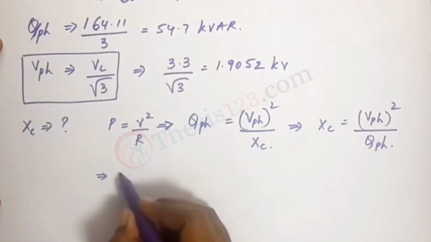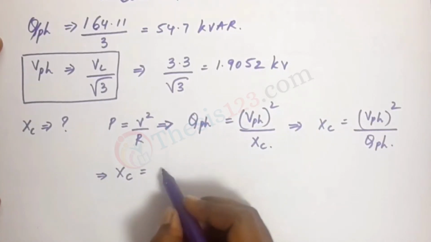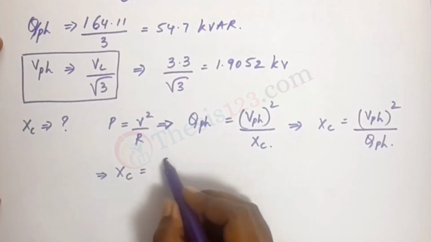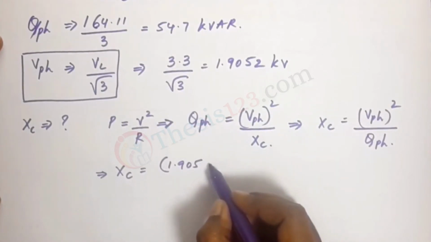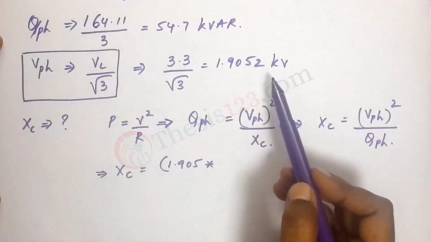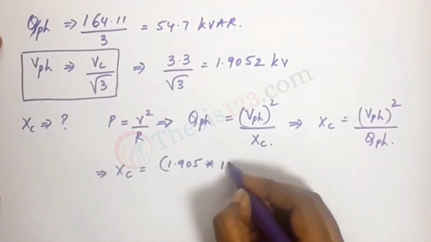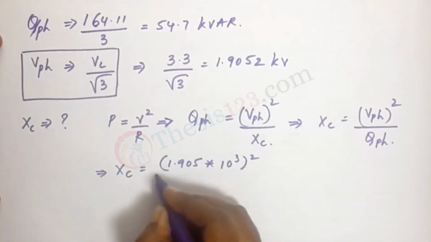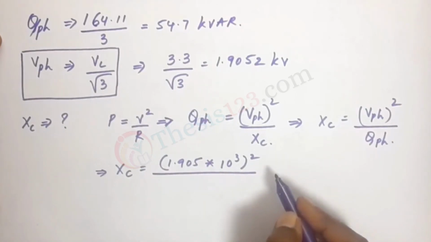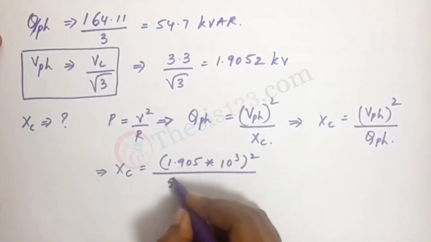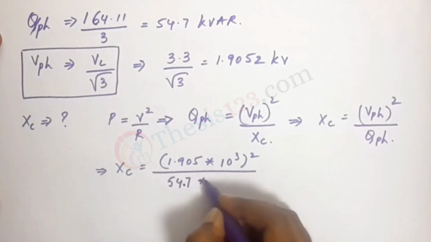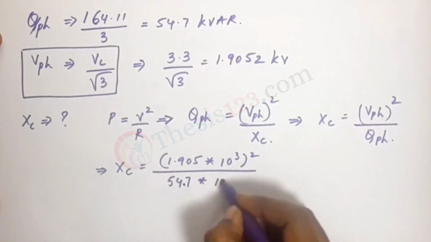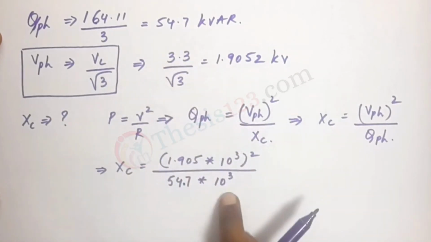So let's evaluate. XC is equal to V phase, we have found it to be 1.905. Now here it is very important to expand. So into 10 power 3 whole square divided by Q phase, which is 54.7 into 10 power 3 because it is kilo.